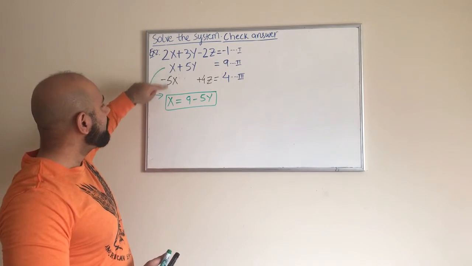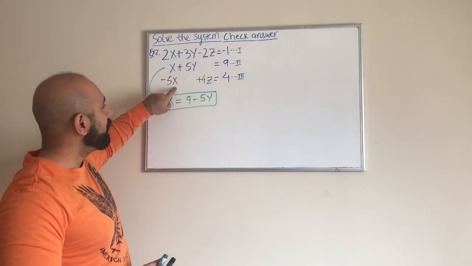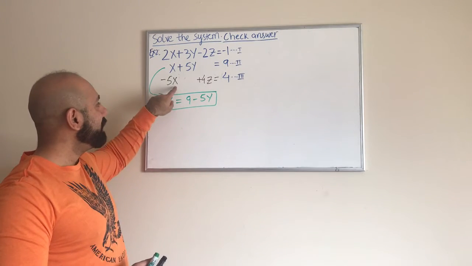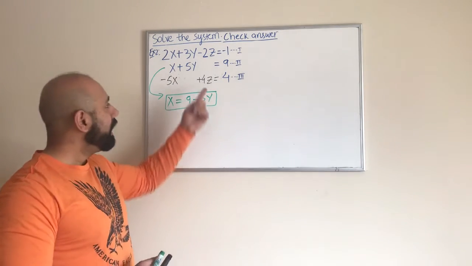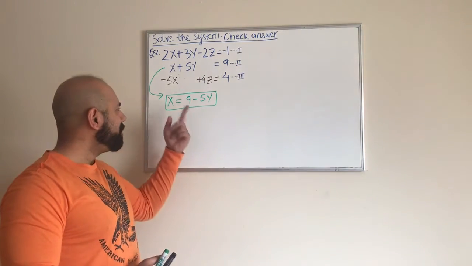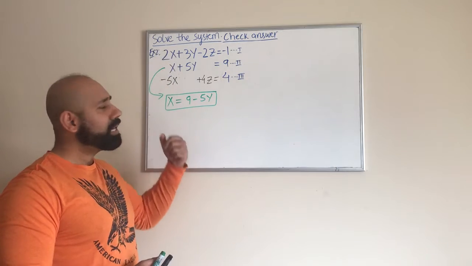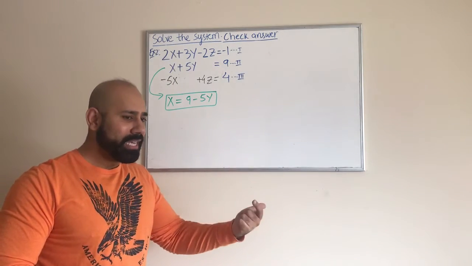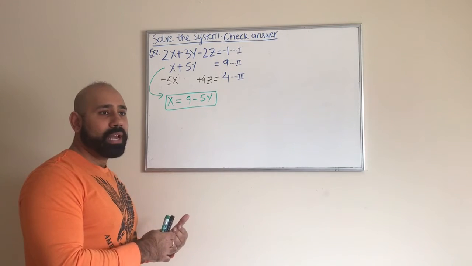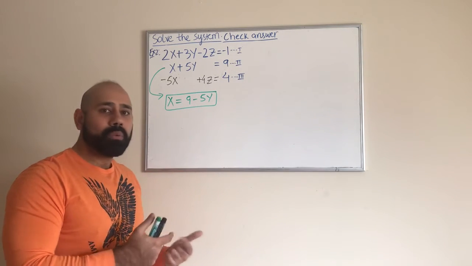Again, if I substitute this x in the third equation, I get rid of the x, I will have a y term, and I already have a z term. So by substituting this value in equation 1, I get an equation in terms of y and z. Same thing happens with equation 3. I get an equation again in terms of y and z.